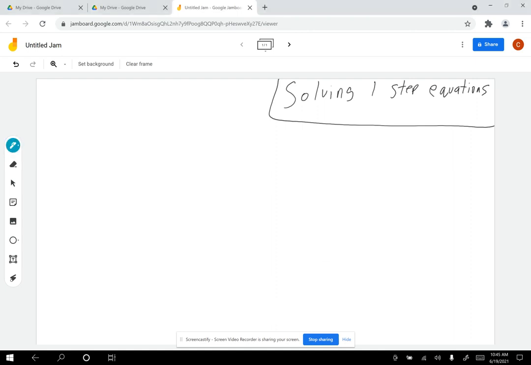So, when we solve one-step equations, we're simply trying to find what the value of x or y or another variable is. So in this case, when I look at x plus 4 equals 9, I'm trying to find what value x is to make this equation work.